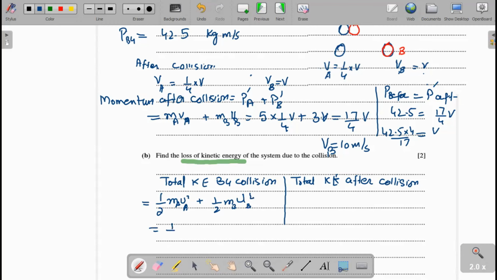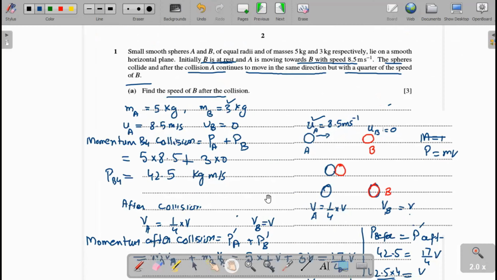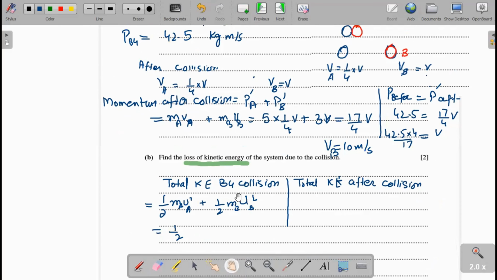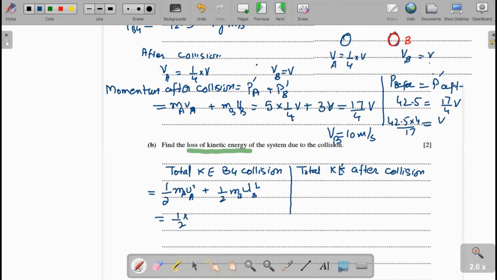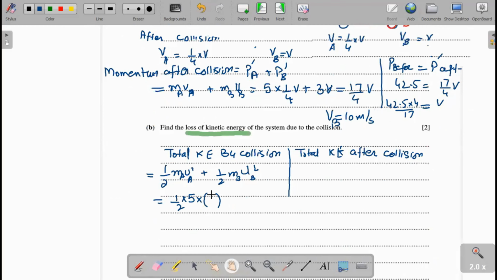Here the mass of A is 5 kg and the mass of B is 3 kg. We write it as 1/2 multiply 5 kg multiply the speed of A, 8.5 meter per second, whole square, plus 1 over 2 into 3, but the speed of sphere B is 0.